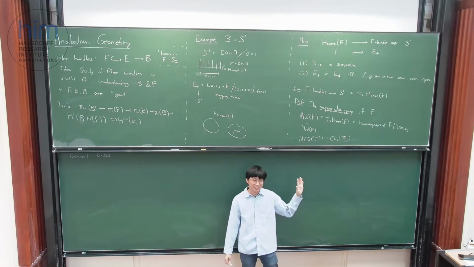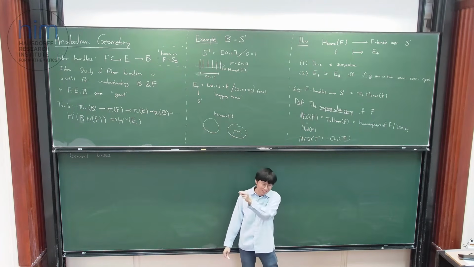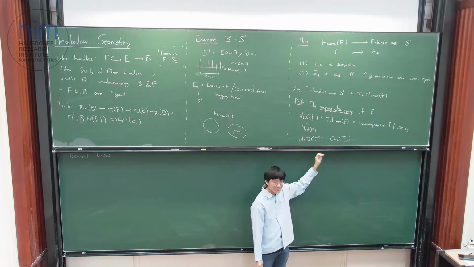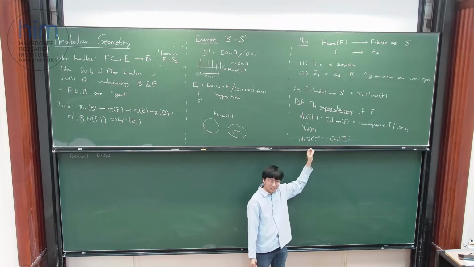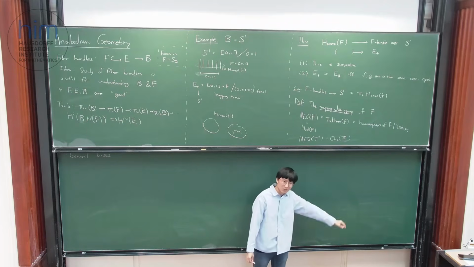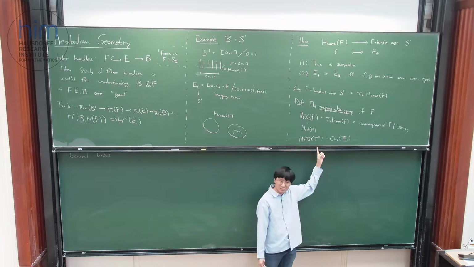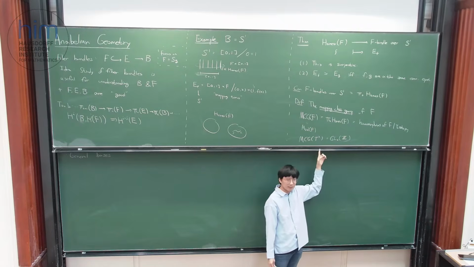The mapping class group used by algebraic geometers is different from the mapping class group of topologists, and people sometimes add orientations, sometimes do not care about the orientations. In topology, people usually care about the orientations, and they call this the extended mapping class group or something like that. The extended mapping class groups are something that I will talk about.